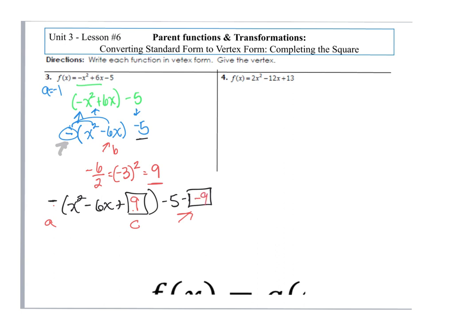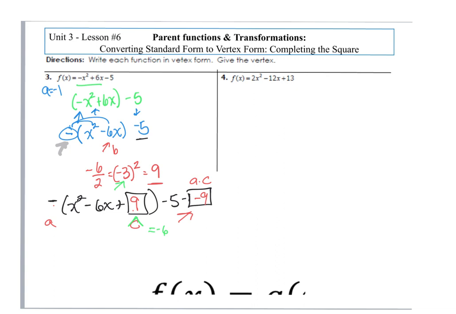Okay, this is going to be a times c if we changed what the a value is, if we pulled something else out. Okay, so that's what it meant when it said a times c. I put negative 9 there. So now we're going back and we are factoring what is inside the parentheses. And again, it should be a perfect square trinomial at this point. I'm thinking what multiplies to a positive 9 and adds to negative 6. Again, we have a clue.